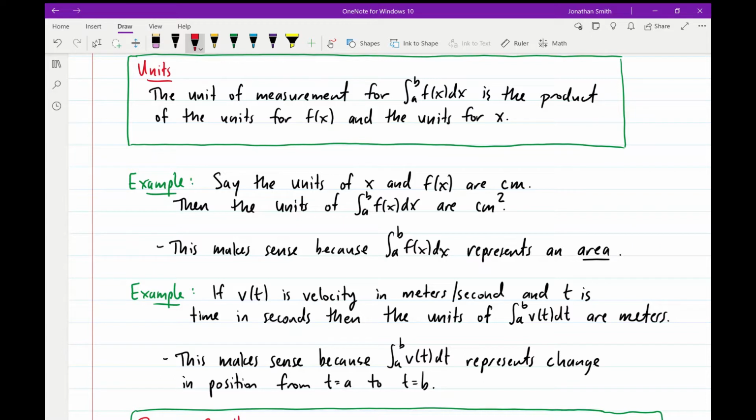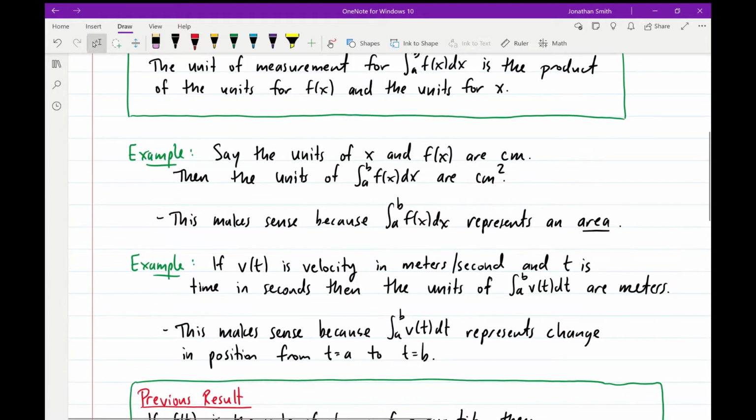We talked about in the last video that this definite integral measures the area between a curve and the x-axis, counting certain areas above the x-axis as positive and other areas below the x-axis as negative. But regardless, it calculates area in some way, and the units for area are going to be centimeters squared if we're measuring length in centimeters.